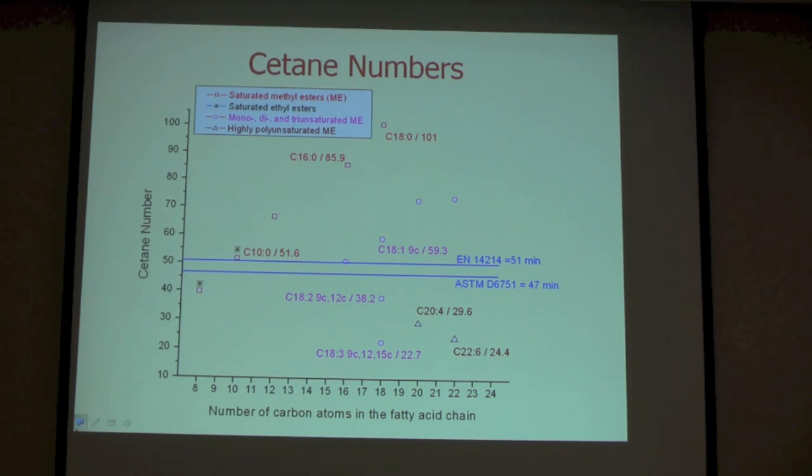Now you might recall that I mentioned C22:5 as a component of algal oils. We did not cetane test that because it was just too expensive to get, so we just took C20:4. But we were able to investigate C22:6, and we find that they too have very low cetane numbers, generally because of that high unsaturation, similar to the C18:3. Next slide, please.